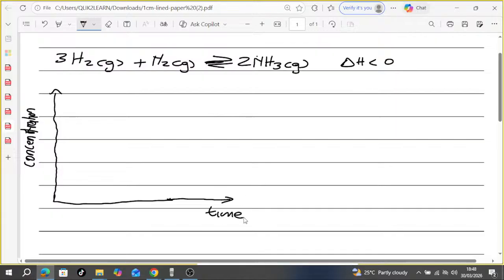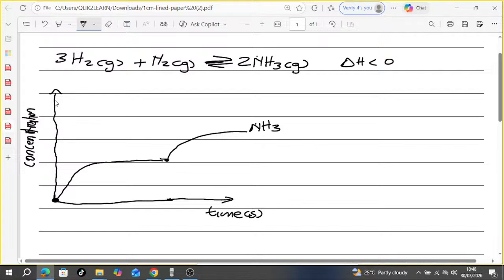Now, remember the products always start from 0, they go up, they reach equilibrium, then somewhere here something will happen, and the graph starts to increase again. These are my product, which will be NH3.